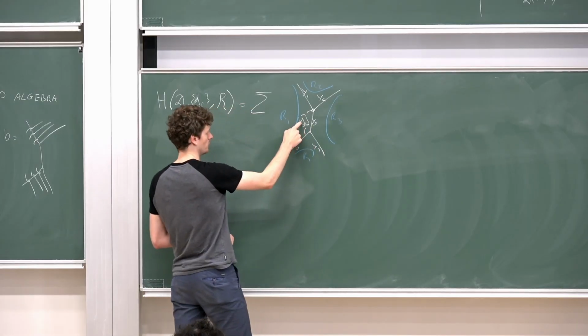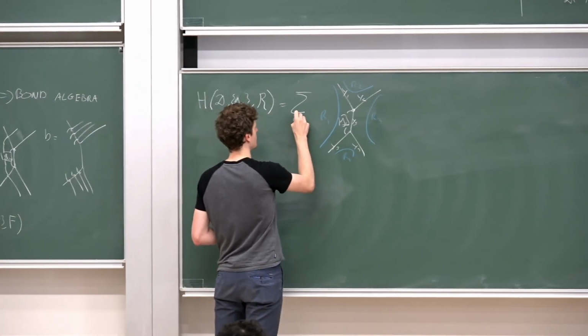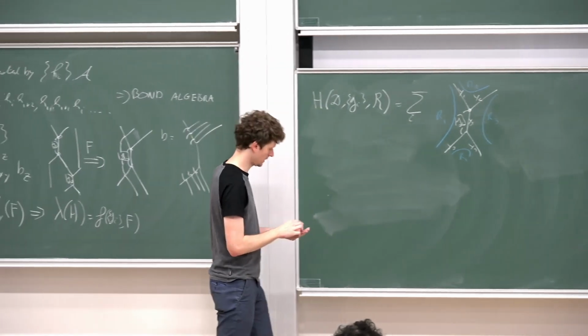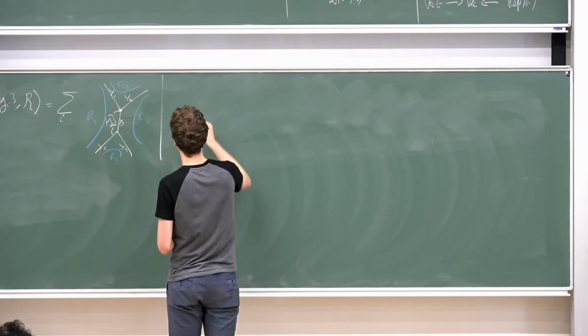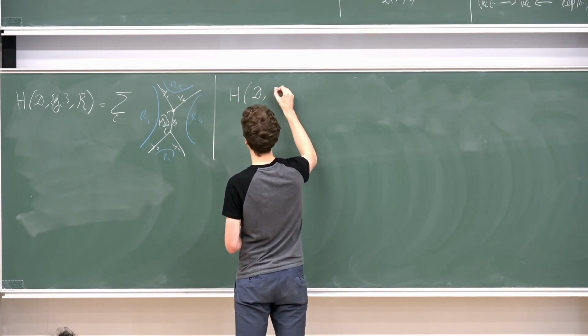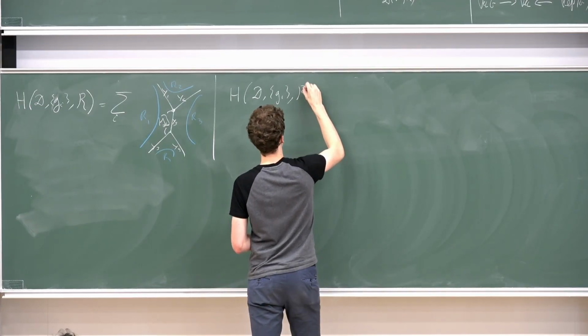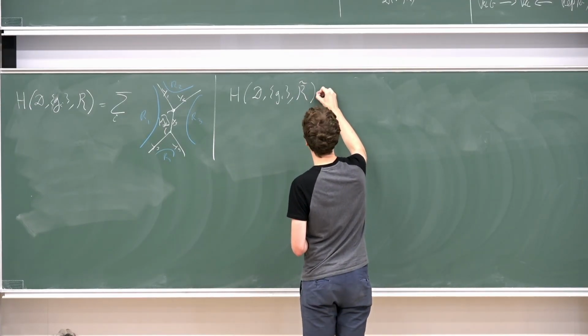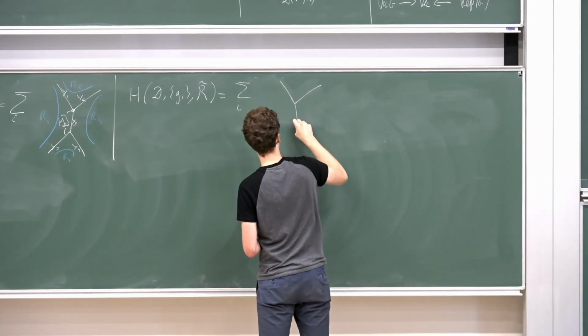But those are sort of determined by this thing. So this is one choice of local term of the Hamiltonian. And then I'm saying, okay, let me now take the same data, H of D, g_i, and this R. Okay, this is just going to be the same picture, but replacing everything with tilde.